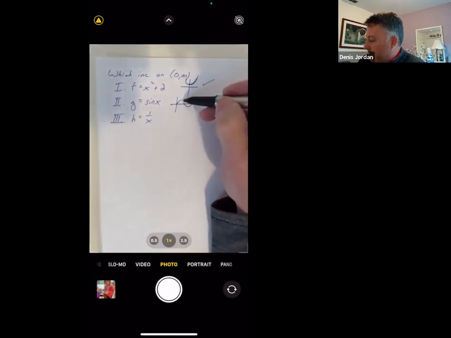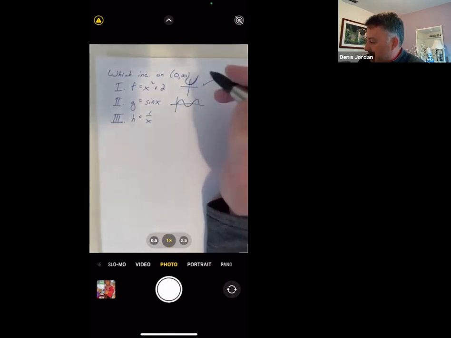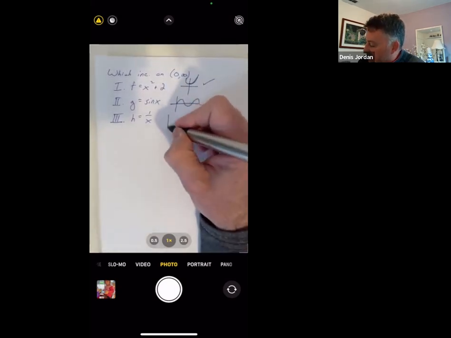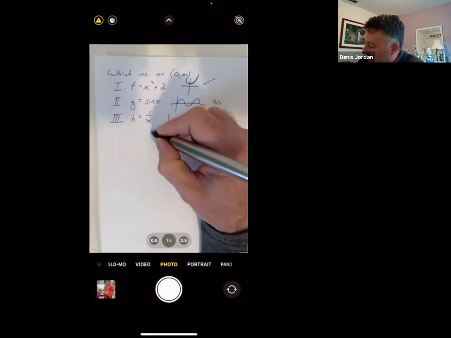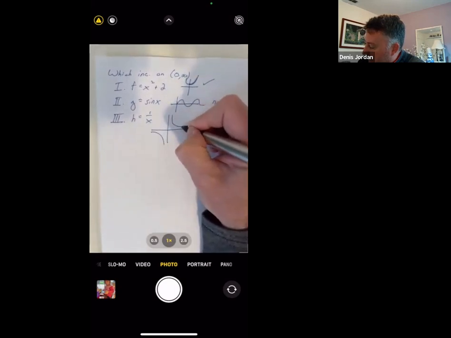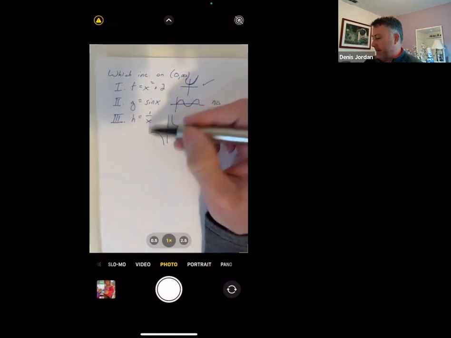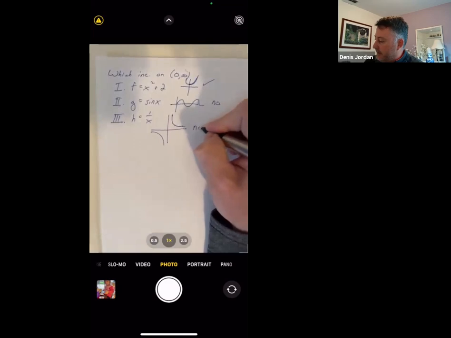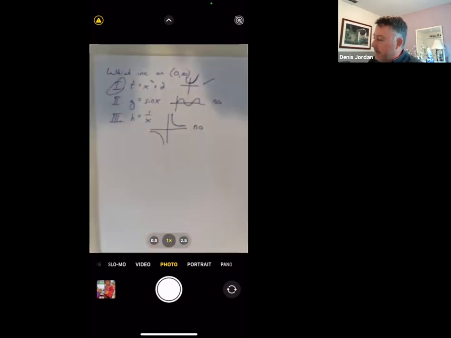So that went up, but then it went down, then back to up, and then down. So that's a no. And then 1 over x, that's the graph, but you want it to increase from 0 to infinity, and it decreases. So that's another no. So it's just that.